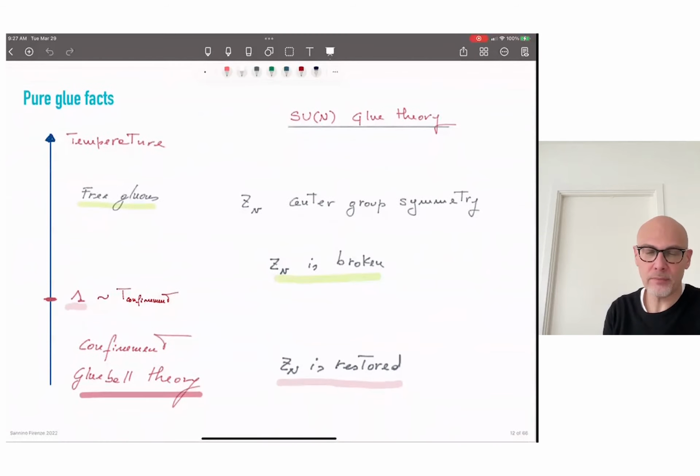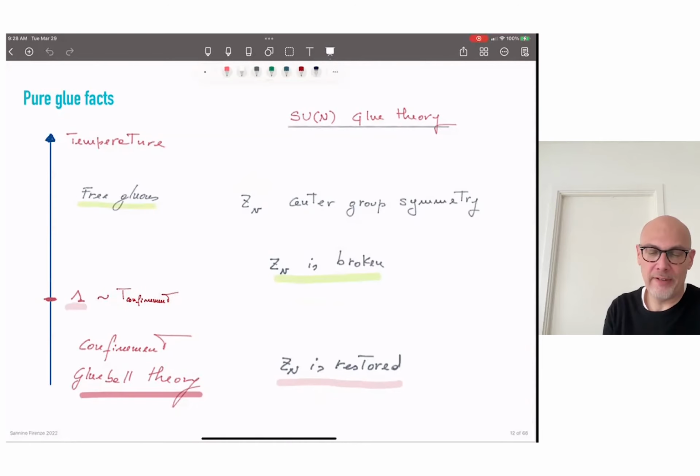In a pure SU(N) theory, there are no global symmetries, except for the center of the group symmetry, which happens to be a discrete group Z_N. And it has this nice property that at finite temperature, Z_N is broken at high temperature and restored at low temperature. Okay.